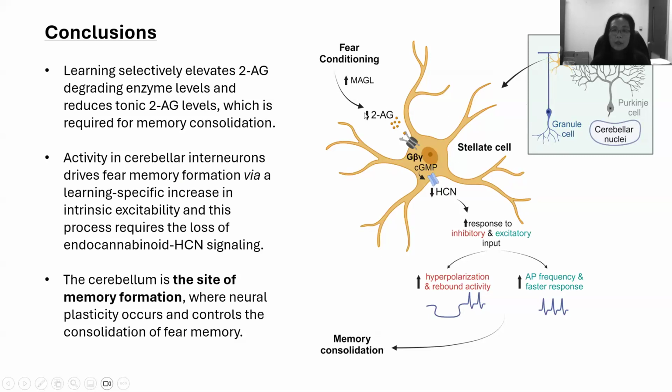And this decrease in the 2AG can reduce IH currents and then increase the response of stellate cells to inhibitory and excitatory input. And we think that contributes to the memory consolidation. In conclusion, we think the cerebellum is a site of memory formation.